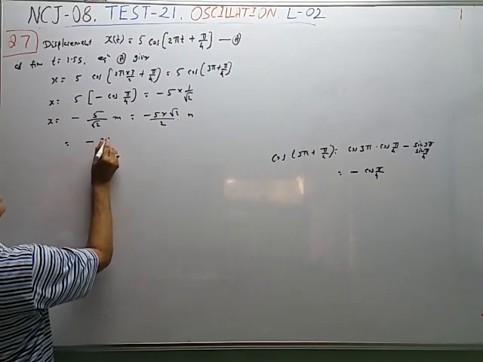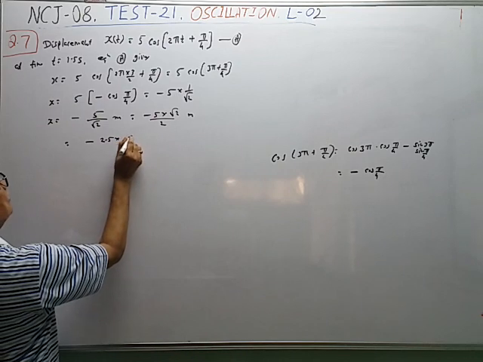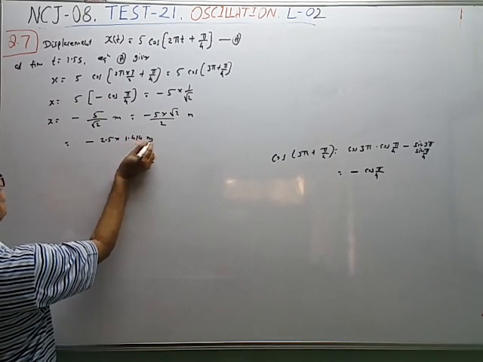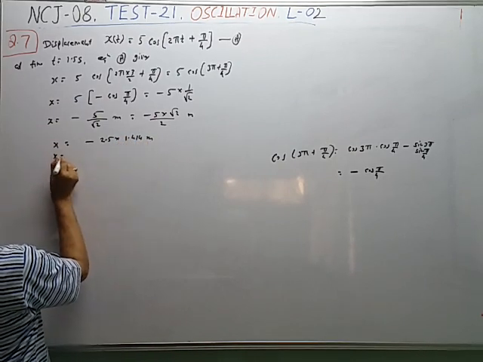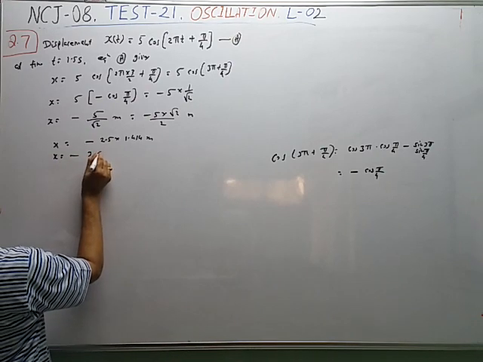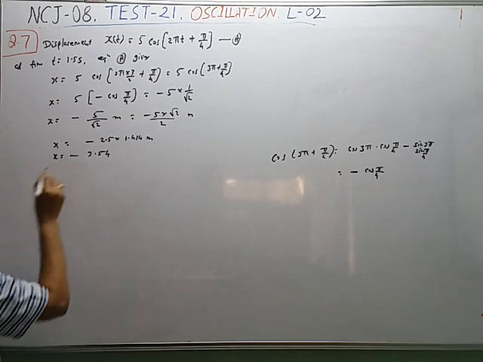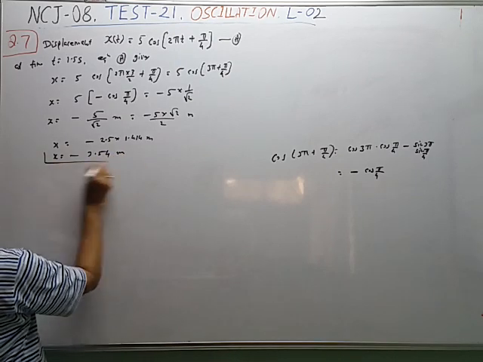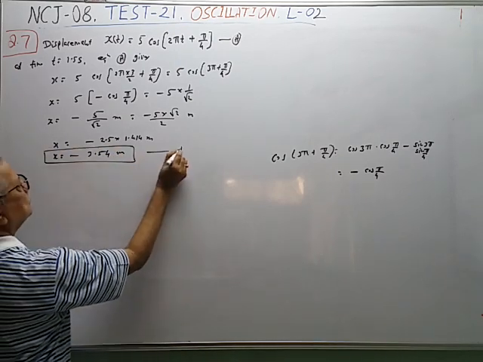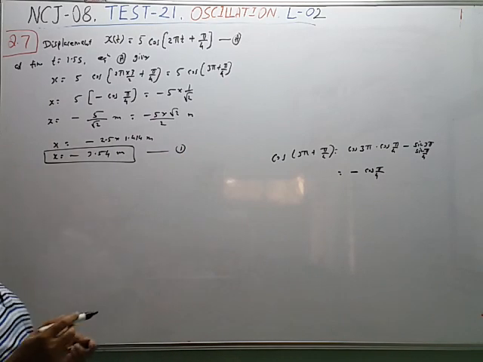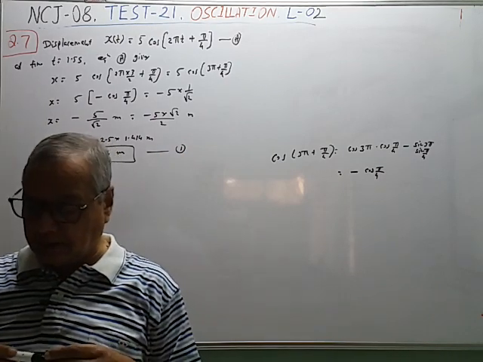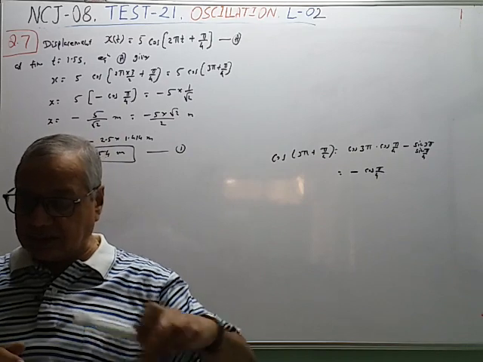So minus 2.5 multiplied by 1.414 meter. Therefore x is equal to minus 3.54 meter. This is the first part. The displacement is minus. So C choice is correct.